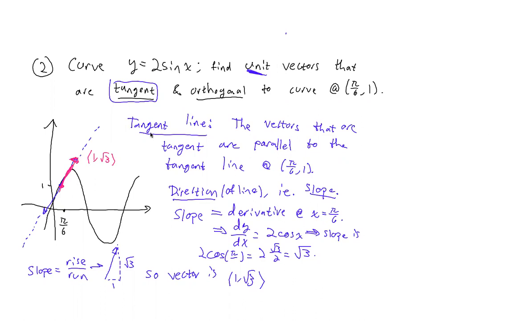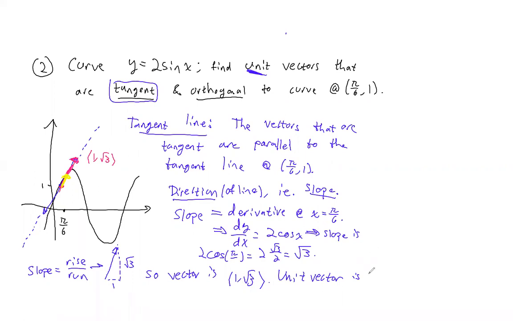But it's not a unit vector, and making it a unit vector is really quite simple. All we have to do is divide it by its magnitude. So to make it a unit vector, all I have to do is divide it by its magnitude, and its magnitude in this case is going to be 2, right? So 1 plus root 3 squared, so 1 plus 3 is 4.